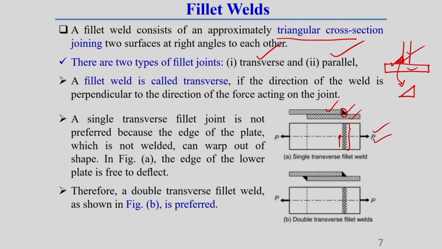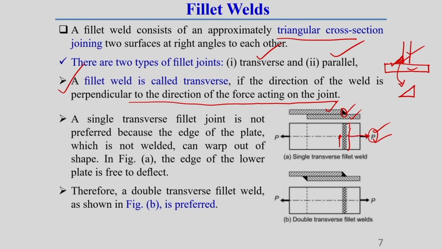So, once the structure is subjected to a load which is perpendicular to its weld direction, that type of fillet weld is called a transverse fillet weld. Here I have defined this. A fillet weld is called a transverse fillet weld if the direction of the weld is perpendicular to the direction of the force acting on the joint. That means, whatever joint is formed here, this load is acting perpendicular to this joint, you can see.